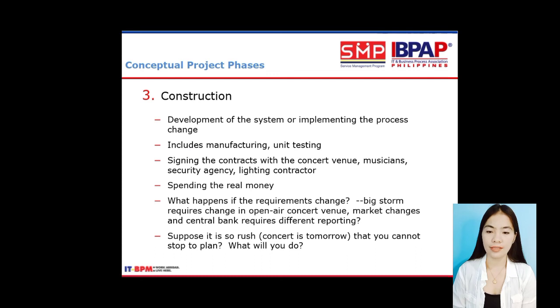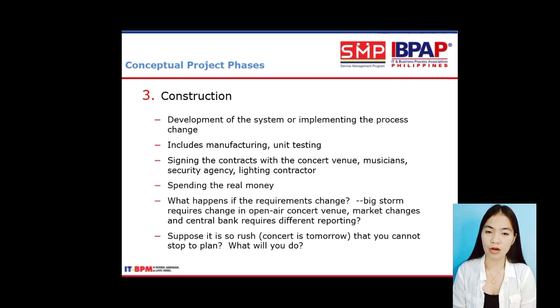Conceptual project phases. Number 3, construction. Development of the system or implementing the process change. Includes manufacturing, unit testing, signing the contracts with the concert venues, musicians, security agency, lighting contractor, spending the real money.